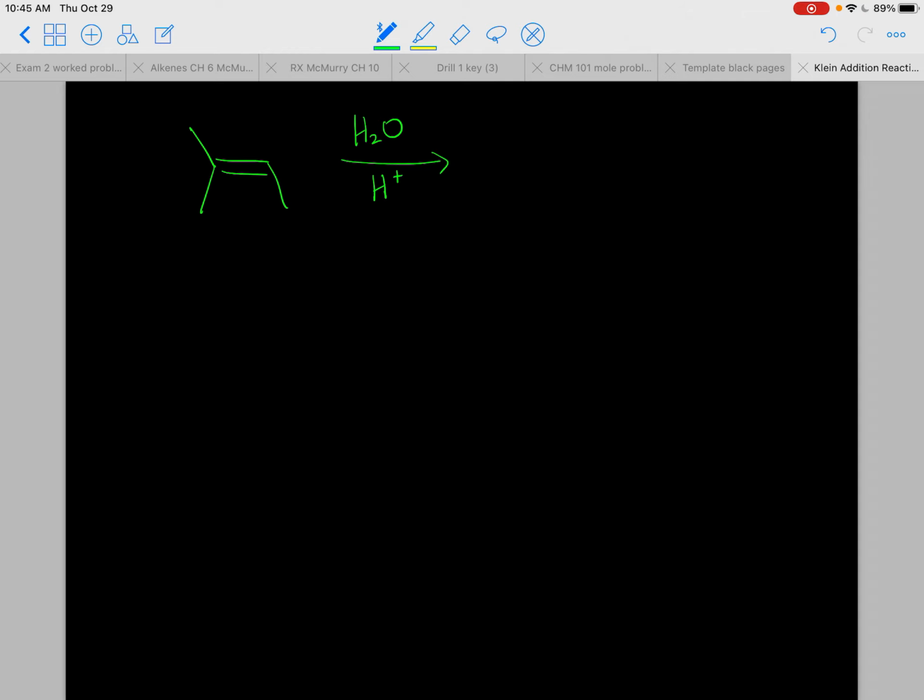And the acid catalyst is on the bottom of this arrow, okay? So here's your stoichiometric reagent, okay? You might have 2 or 3 or 4 moles of that. It's in excess. And down here, it's in catalytic amounts, okay?